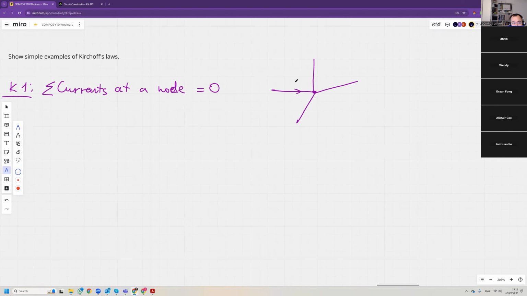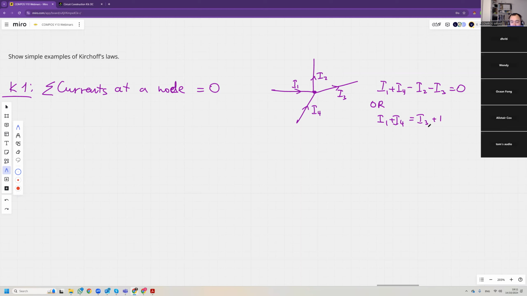So for example, if you have currents I1, I2, I3, and I4, you have two currents flowing in, two currents flowing out. The total current flowing in, so I1 plus I4, minus the currents flowing out, minus I3 and I2, is 0. Or you can say I1 plus I4 is equal to I3 plus I2.